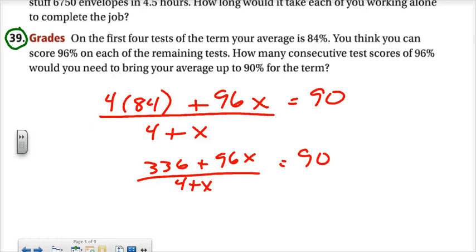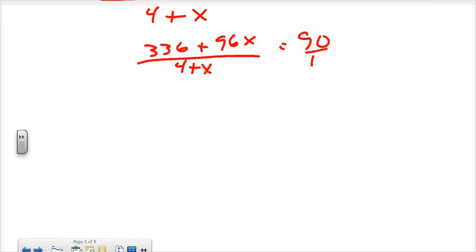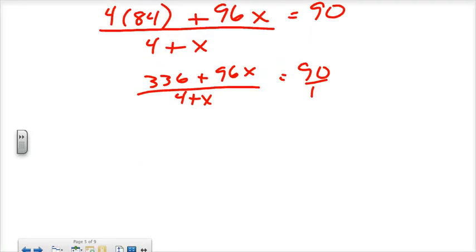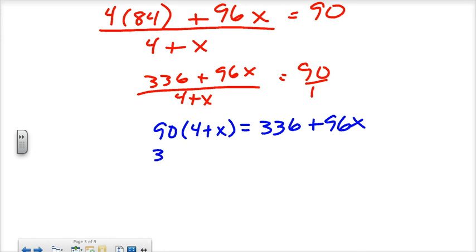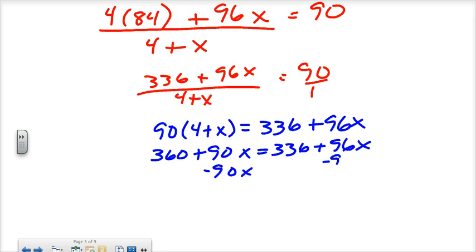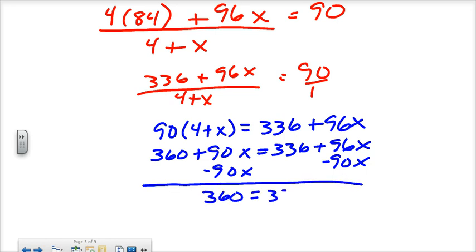And we could put this in the graphing calculator and use the y sub 1 or y sub 2. But certainly this is not difficult to do by hand either, because we could just go ahead and cross multiply and see what we get. So we have 360 plus 90x equals 336 plus 96x. We would subtract 90x from both sides and get 360 equals 336 plus 6x.